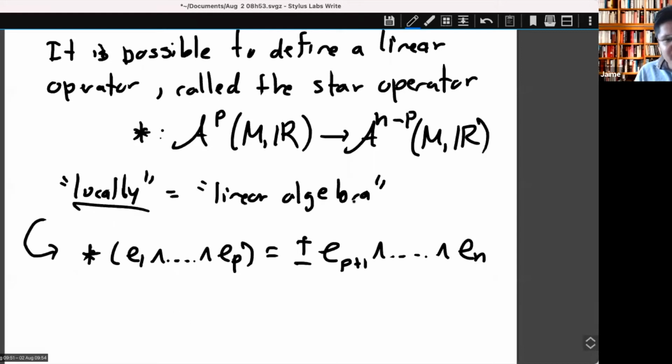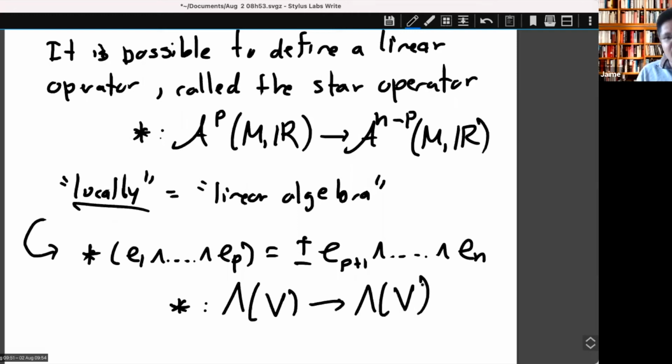So when I say linear algebra, what that means is that the star operator comes from taking the alternating space of a vector space and does something like this. You shouldn't worry about this. Just know that there's a linear operator that goes from the space of P forms to the space of N minus P forms, where N is the dimension of the manifold we are using.